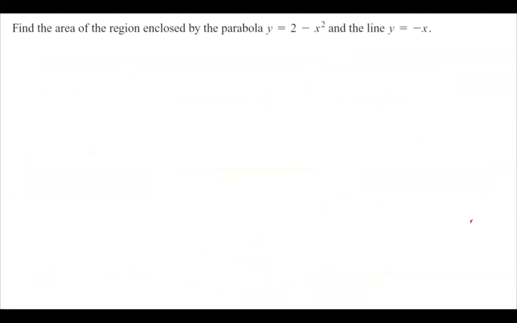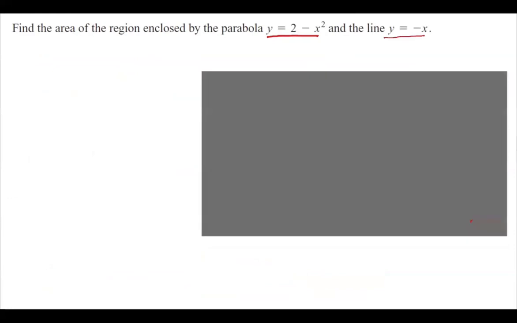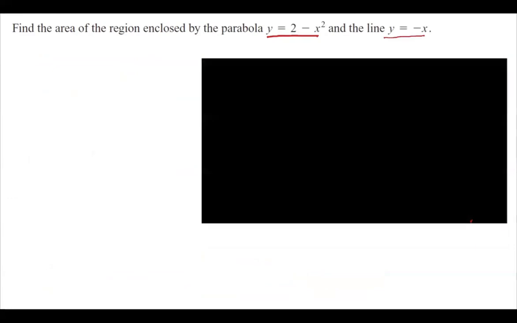Now I ask you to find the area of the region bounded by the parabola y equals 2 minus x squared and the decreasing line y equals negative x. What's the approach? First of all, let us visualize this.